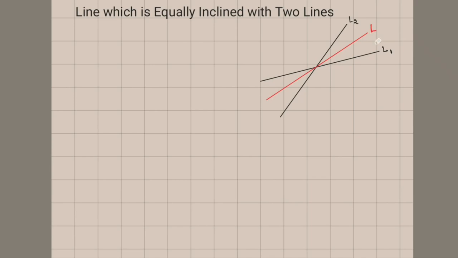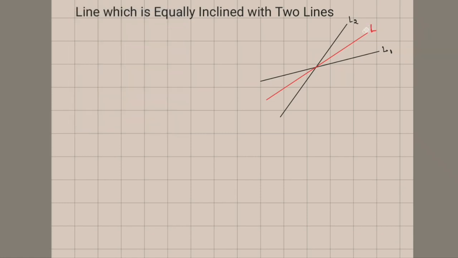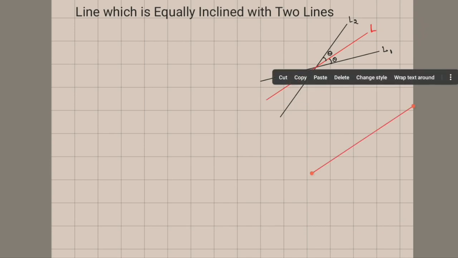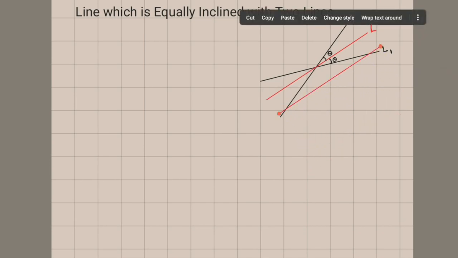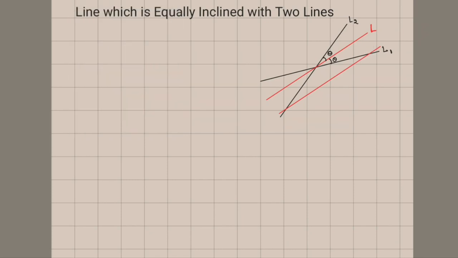It is equally inclined with L1 and L2, which means the angles made by line L with L1 and L2 are equal. So this angle theta are equal. Now if you take any line which is parallel to L, then this line also equally inclines with L1 and L2. Why?